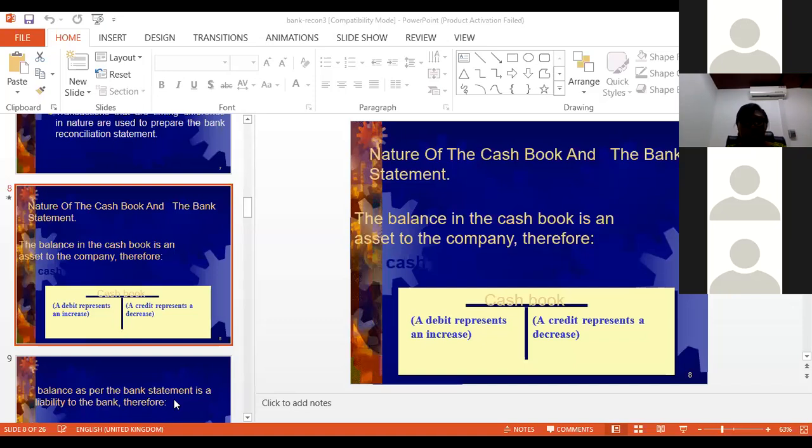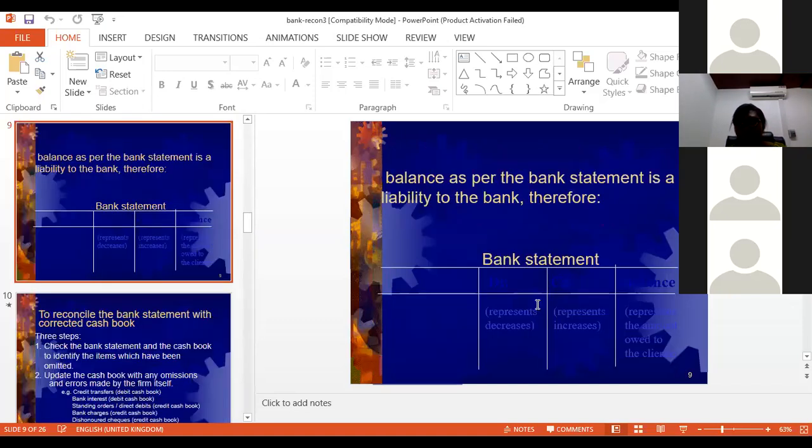This is how the bank statement is: you have debit and credit, and in the bank statement the debit represents a decrease in the amount you have at the bank, whilst the credit side represents an increase.